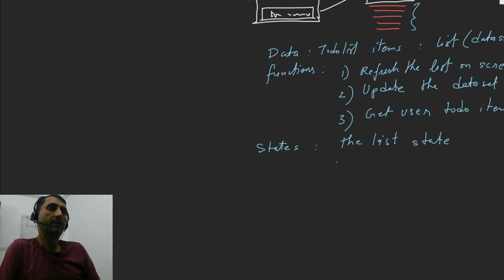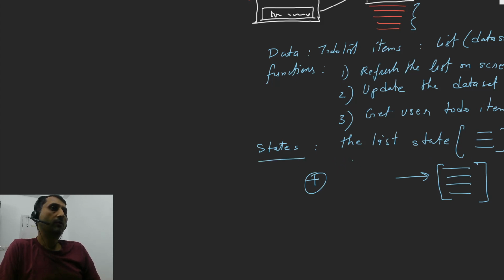So when you have not added a new item, the list state will have say 1 2 3. Then when you have added one more, the list state will correspond to 1 2 3 4. So the list state will change. As soon as the user interacts and there is a manipulation in data, the states of the program will keep changing.